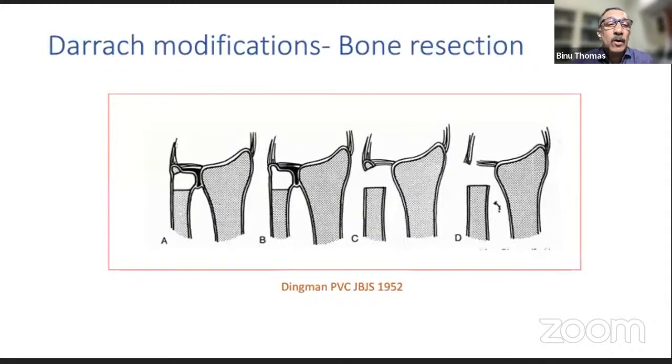So a number of modifications have been described where the ulnar styloid is left behind and extraperiosteal and subperiosteal resections are done. The original Darrach, which was described in 1912 and later in 36, he kept the ulnar styloid, he left behind the ulnar styloid and went for a subperiosteal excision also.